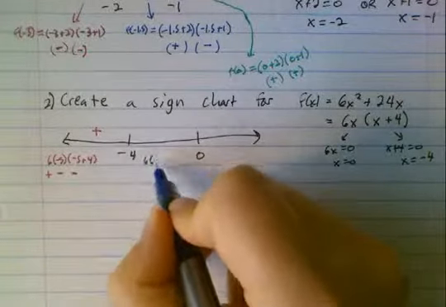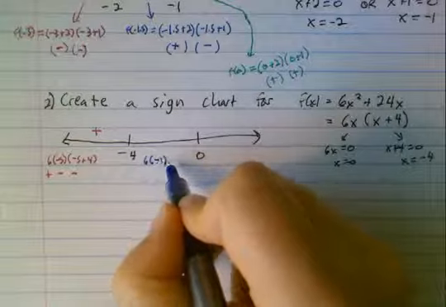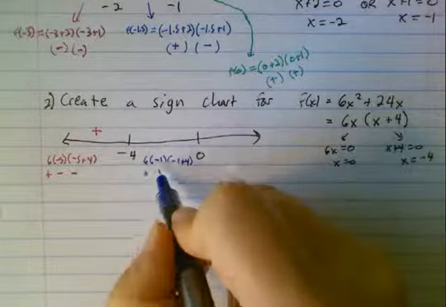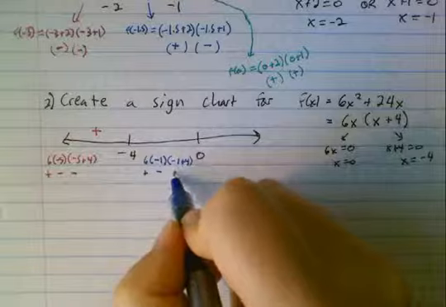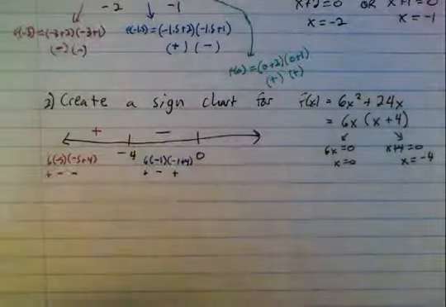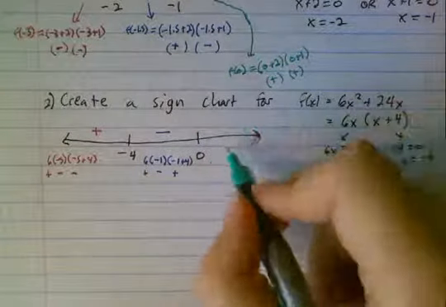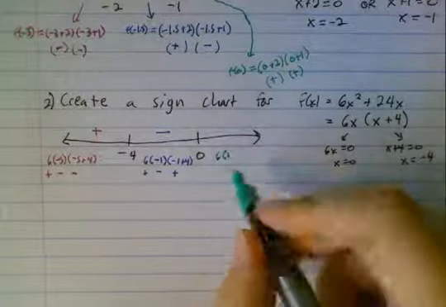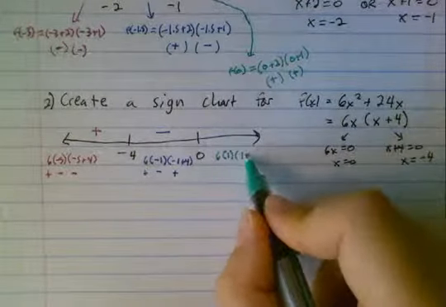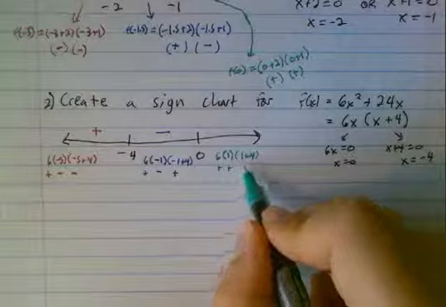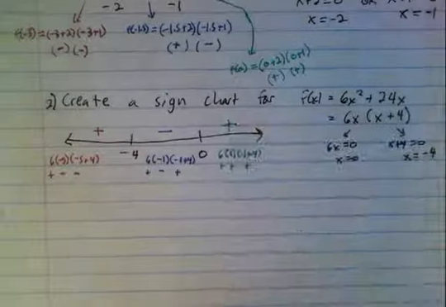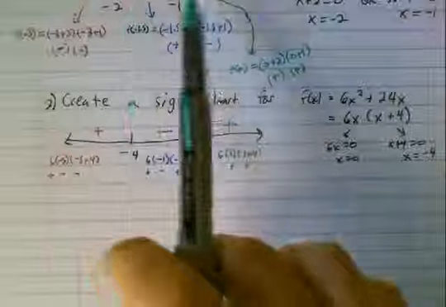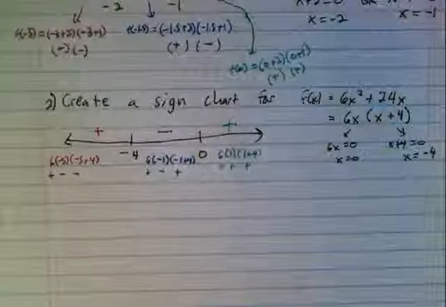So we've got 6, negative 1 plus 4: positive, negative, positive, negative overall. Any number bigger than 0, let's say 1. That's 6 times 1, 1 plus 4. They're all positive. By coincidence, they happen to end up being the same pattern up here, but that's simply coincidence.